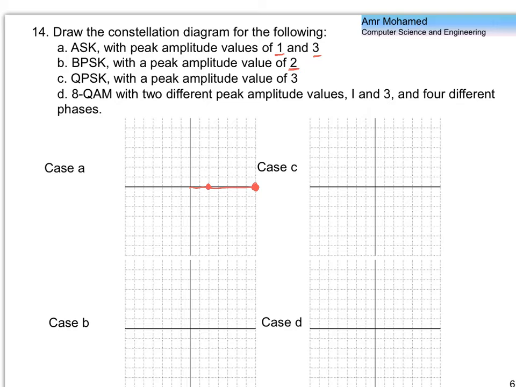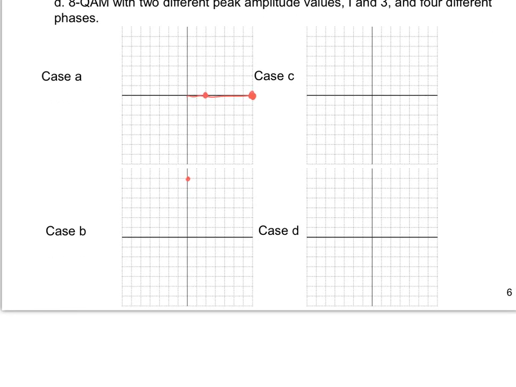So whether you started from here, whether you do it this way or you do it this way, it doesn't matter. The main thing is that either or, not both. So the main thing is that the phase difference is always 180 degrees because we have only 2 symbols.